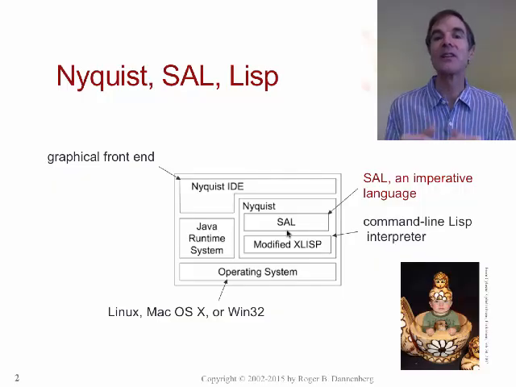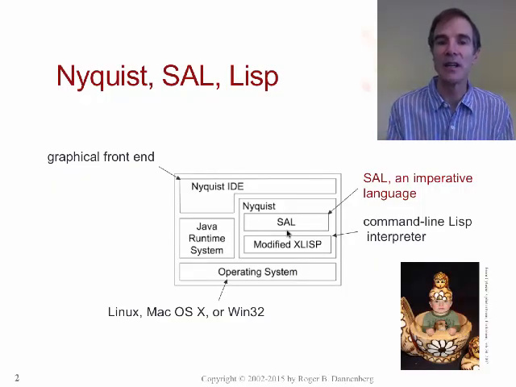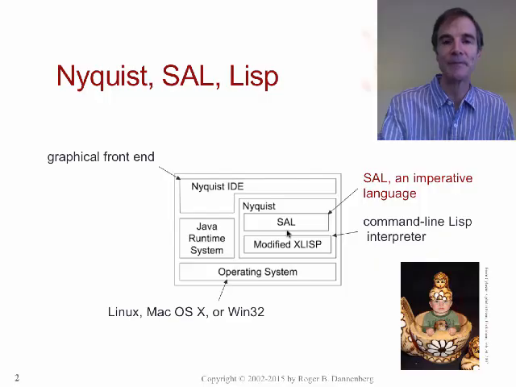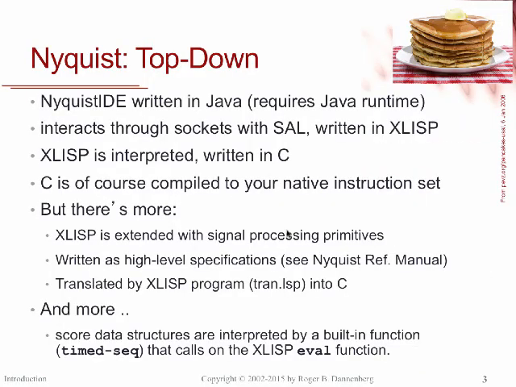That's Nyquist, and then on top of that we have the Nyquist IDE, or Interactive Development Environment, that gives you access to all of that. It's kind of like a stack of pancakes. There are many layers, and this is how software systems are built.